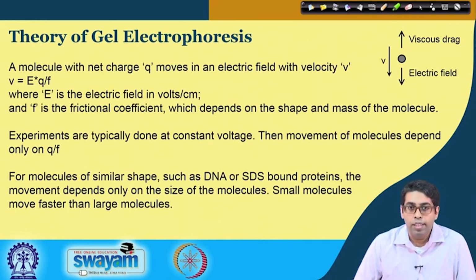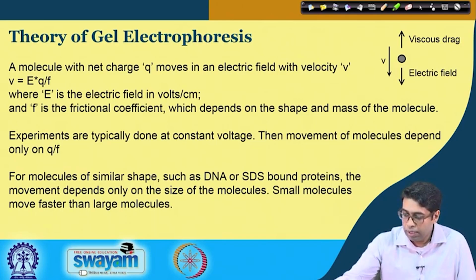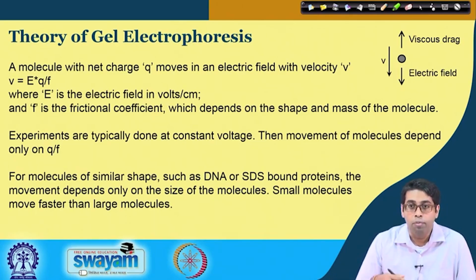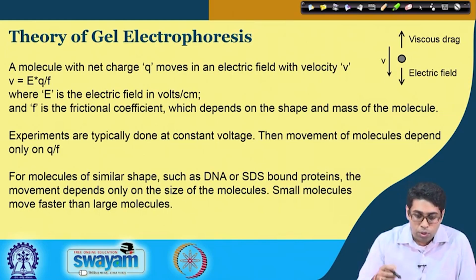So, DNA and RNA molecules are negatively charged, but in case of proteins, the molecule is made negatively charged by adding chemicals such as SDS, sodium dodecyl sulfate. So, in essence what we have is a charged particle, and then an electric field is applied across the gel.